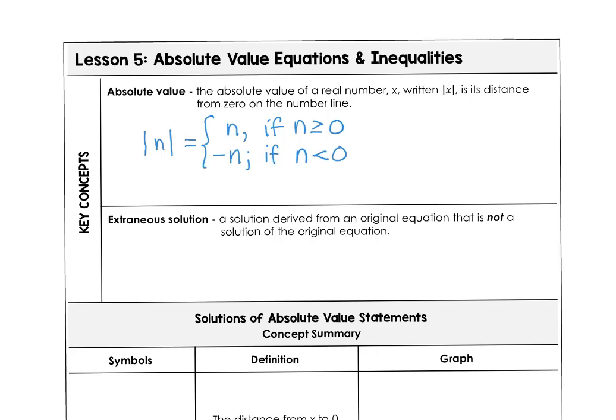Then extraneous solutions, that's when you have a solution from the original equation that cannot work in the original equation. Here's an example of that.